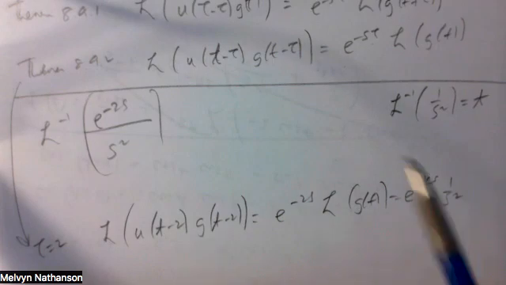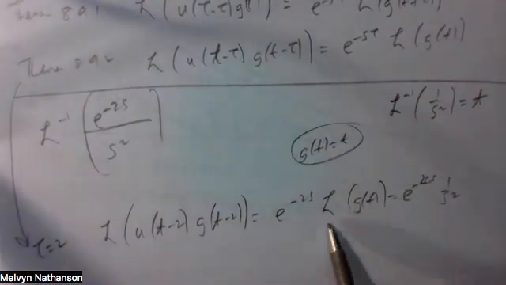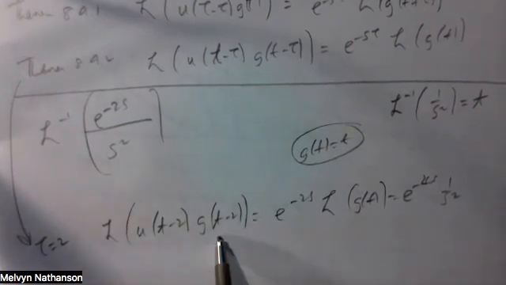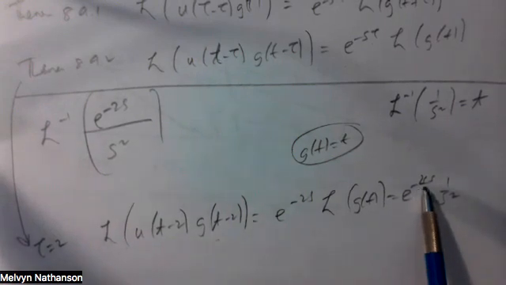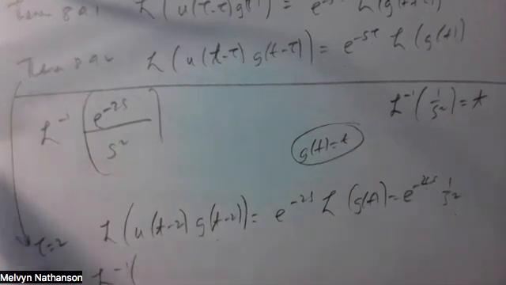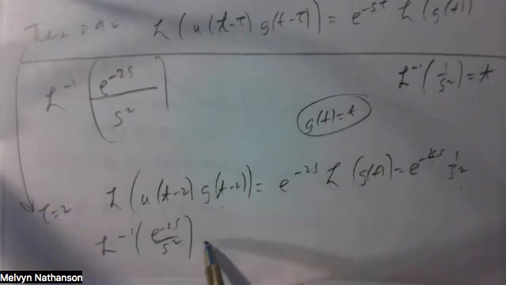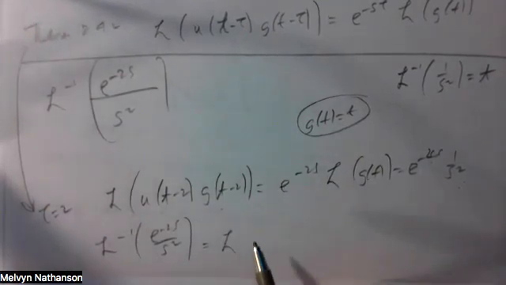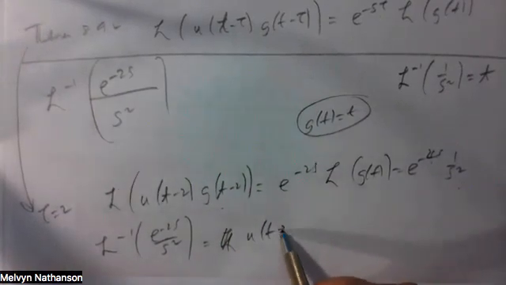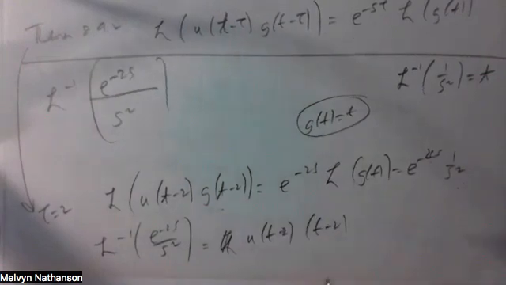So if I let G of t equal t, the Laplace transform of G of t is 1 over s squared. So the Laplace transform of this is e to the minus 2s over s squared, which means the inverse Laplace transform of e to the minus 2s over s squared is u of t minus 2, G of t minus 2, which is t minus 2.